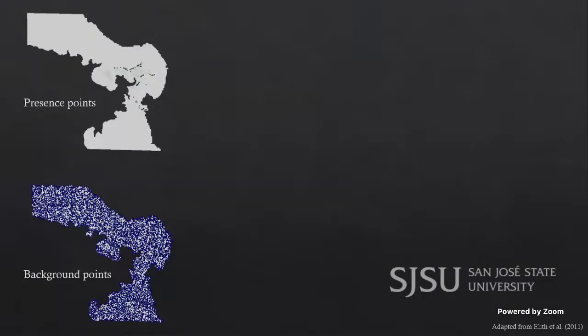This diagram here I will be walking you through, adapted from Elith et al. 2011. On the top left are the presence points, which are locations where cases were observed. And on the bottom left are background points, and these are locations within the specified study region where presence has not been identified. Two probability densities have to be calculated in order to obtain a species potential distribution.